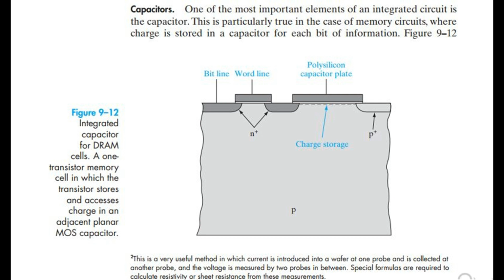The top plate of the capacitor is polysilicon, and the bottom plate is an inversion charge contacted by an N+ region of the transistor. The terms bit line and word line refer to the row and column organization of the memory, section 9.5.2. One can also make use of the capacitance associated with p-n junctions, as discussed in section 5.5.5.